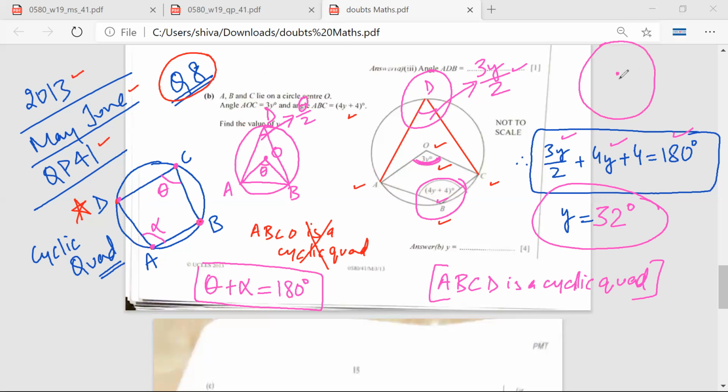Usually we get confused about these cases only, that students assume that ABCO is a cyclic quadrilateral. ABCO is not a cyclic quadrilateral. Usually in questions like these, if you join this and this, now this can be any random point, that is not an issue. So usually if you perform this small step, you are able to do the questions. Any doubt, sir? No, sir.